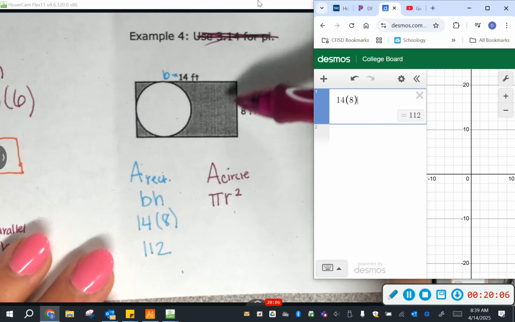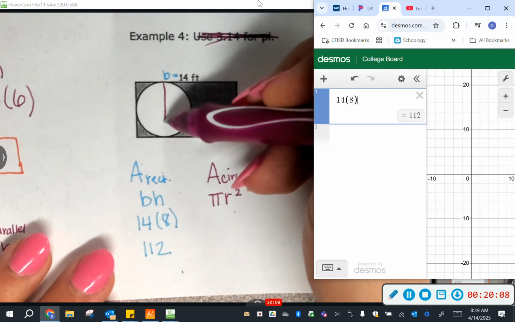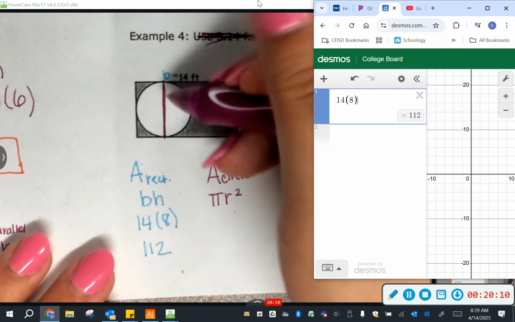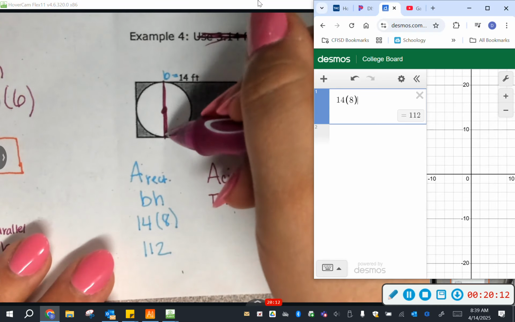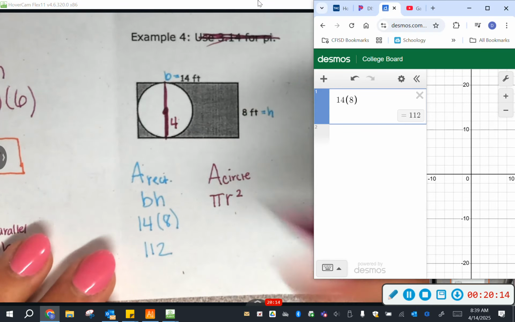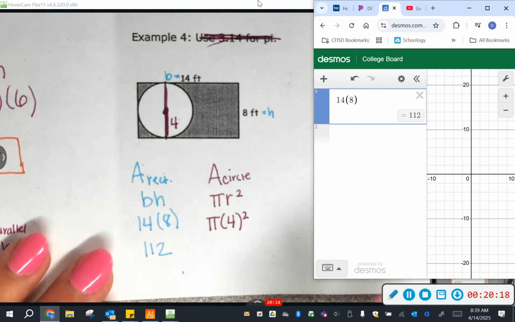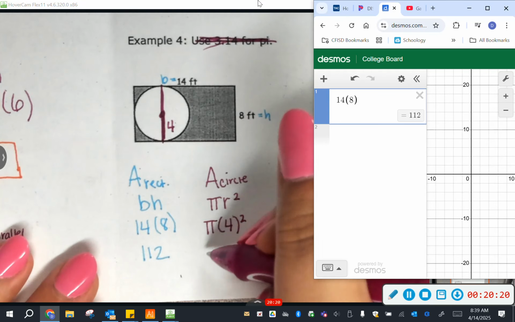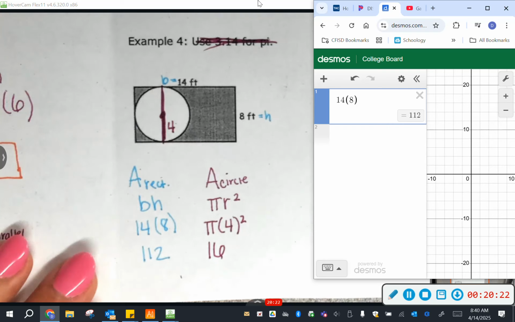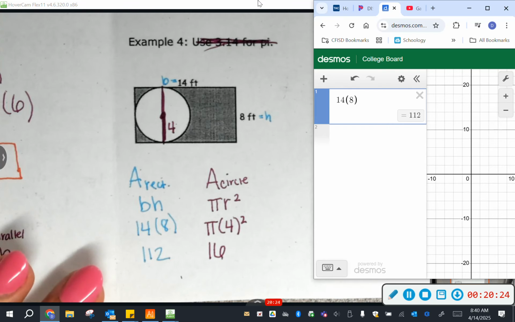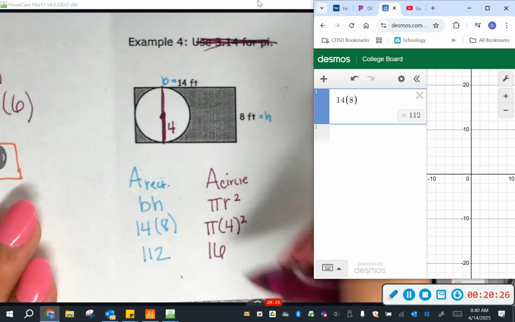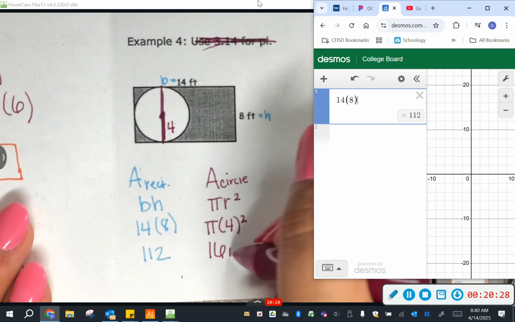Do y'all agree this whole thing right here is 8? 4. Yeah, so if I wanted the radius, it is just 4. So this is going to be pi 4 squared. 4 squared is 16, but 16 is not my answer. Because you have to round it. No. 16 pi.